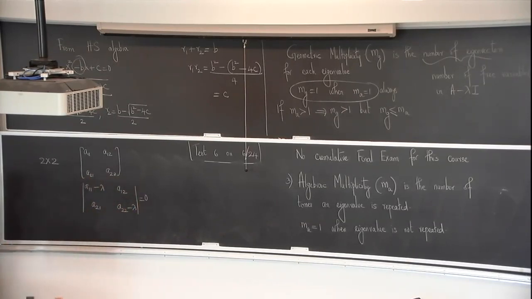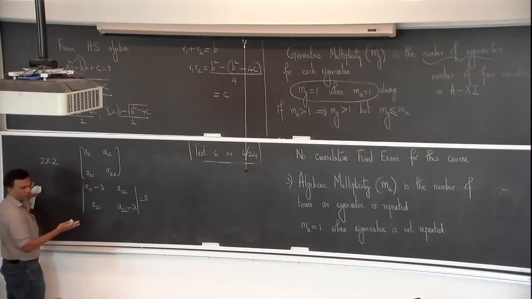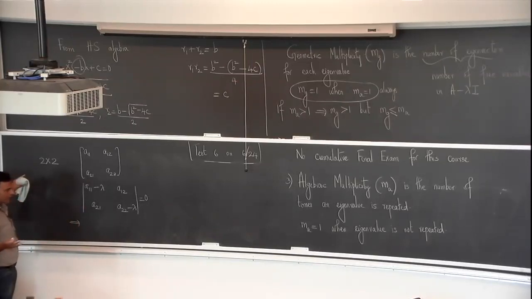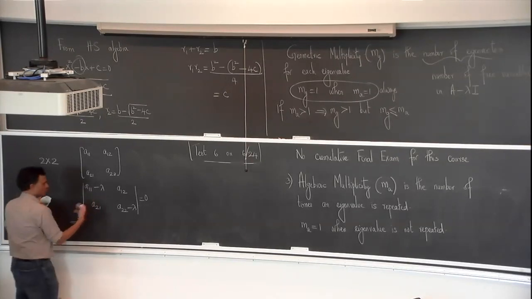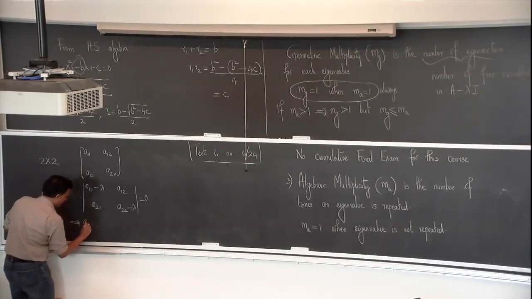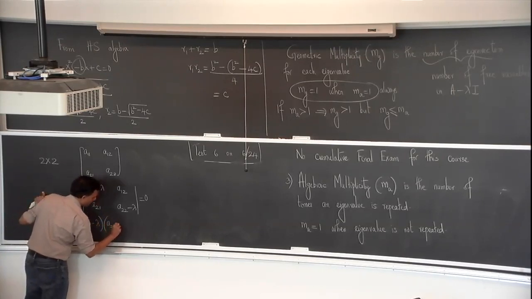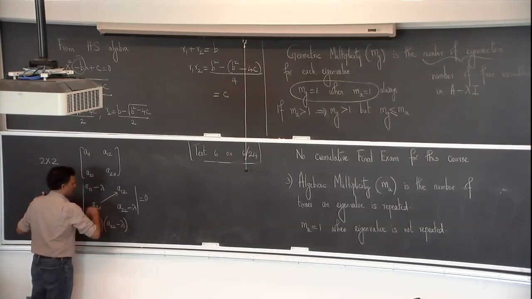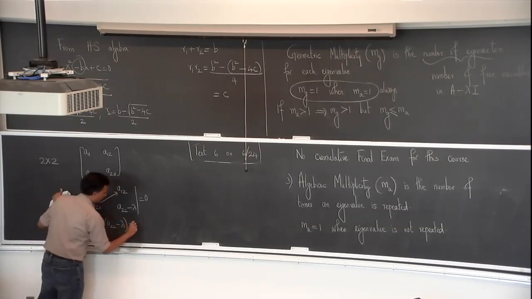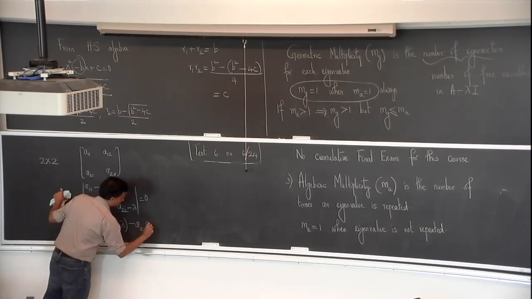Let's expand this. For a 2 by 2, it's not a big deal. For a 3 by 3, it looks ugly if you don't have numbers, but it's not too bad. So it's going to be A11 minus lambda times A22 minus lambda, minus the product of those two, equal to 0.